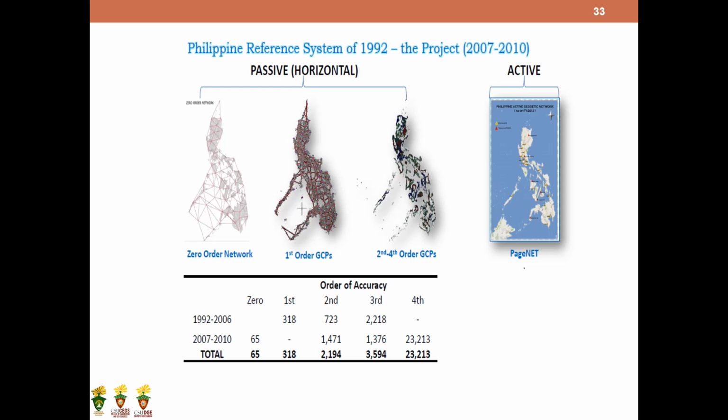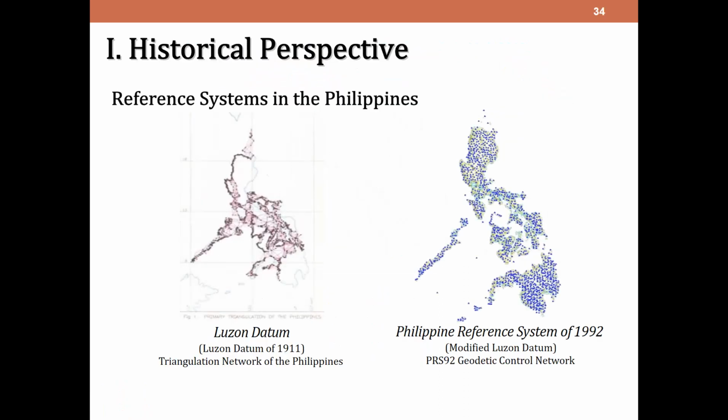In the PAGENET part, the technology used is active, which continuously collects information so that it can adjust in real time. If there are earthquakes, for example, with movement there could be changes in coordinates if it is passive. For active, it continuously adapts the information.